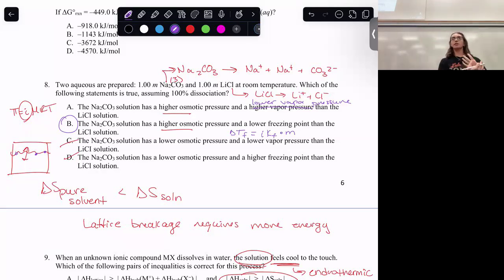Now, if we're trying to freeze it, the more things in solution, the more things are in the way before those molecules can freeze together, right? They have to move around those ions in solution in order to freeze. So that's going to lower its freezing point more than the thing that has less stuff. Does that make sense why we're proving that B is correct with the freezing point?